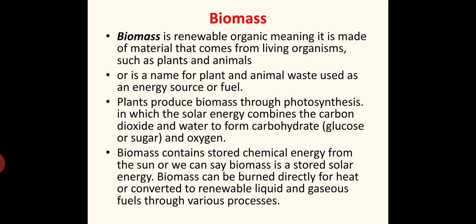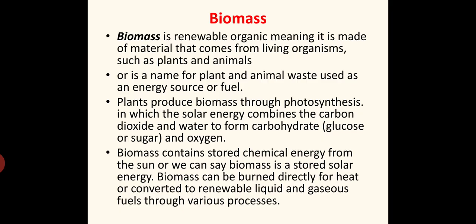That is what is known as carbohydrates. So it can be either glucose or sucrose based on the carbon and hydrogen numbers present in it. Biomass contains stored chemical energy from the sun, or we can say biomass is stored solar energy. Simply, biomass is nothing but stored solar energy. How that energy is converted is by the simple chemical process known as photosynthesis.